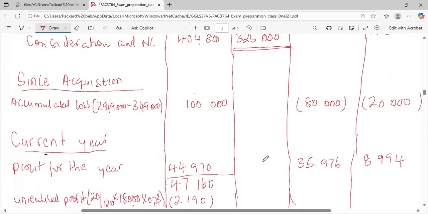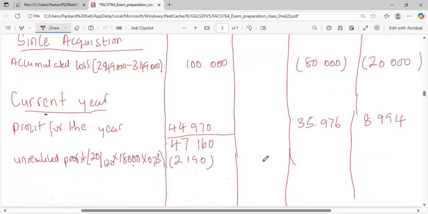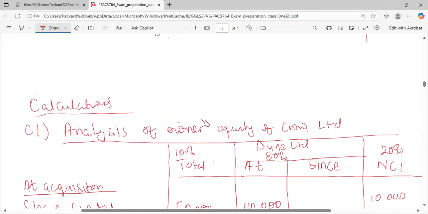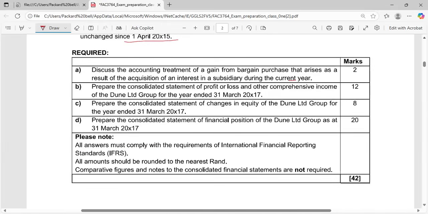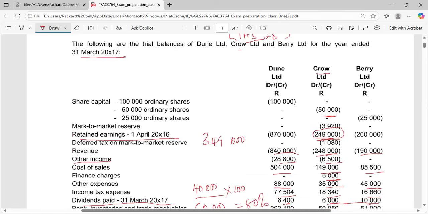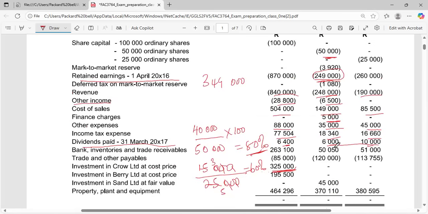Right? That's there. What else do we need? We check here again if there are any dividends. Dividends paid by Crow Limited to the June Limited Group. So let's check from our trial balance what the dividends paid were. It's 6,000 that was paid. Then you also need to share.